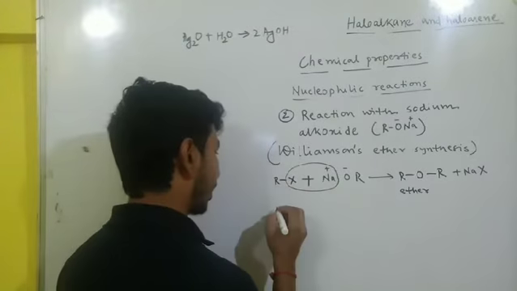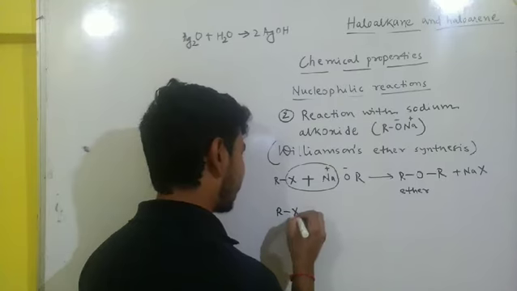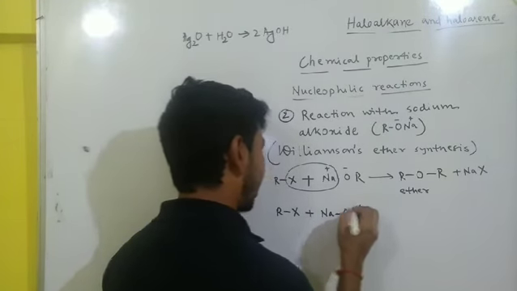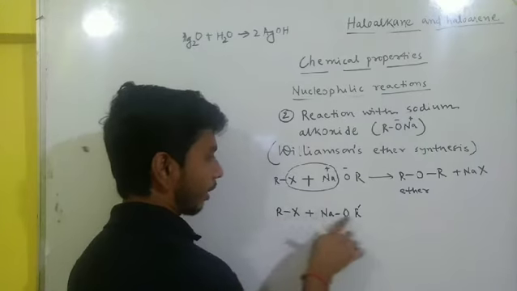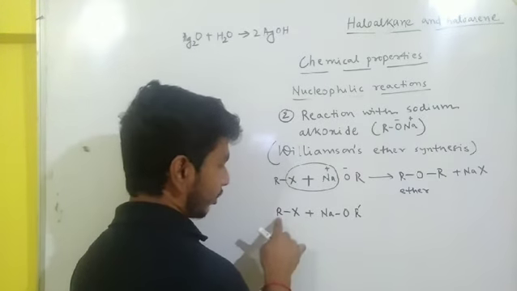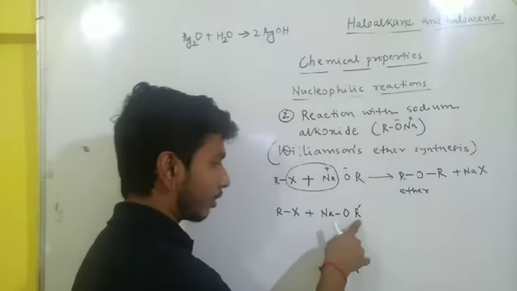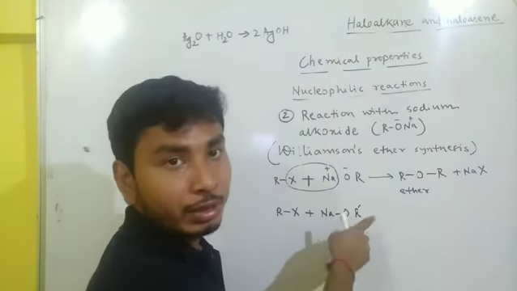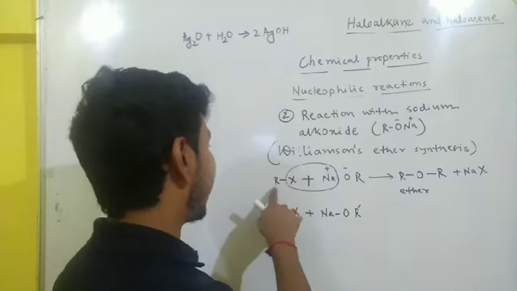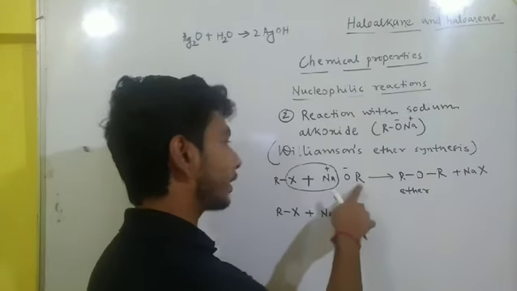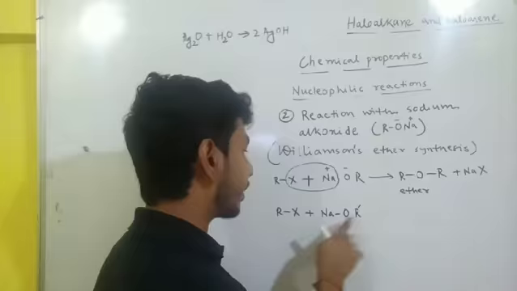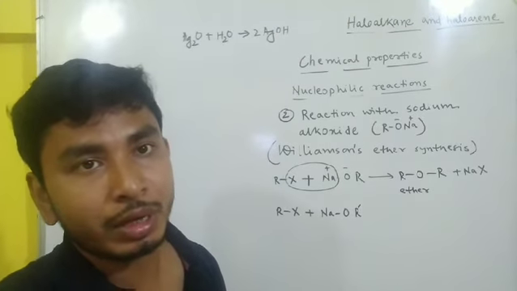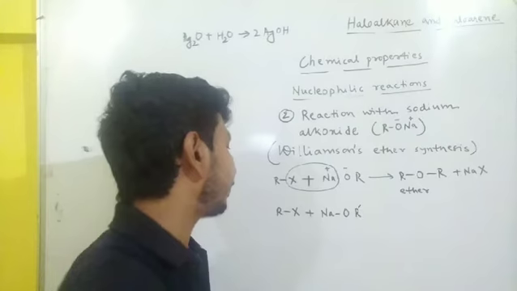Suppose here it is RX plus NaOR'. One is R, the other is R'. Both are alkyl groups, but they are not the same alkyl group; they are two different alkyl groups. In the earlier case both R are the same alkyl group, but here the two alkyl groups are different.